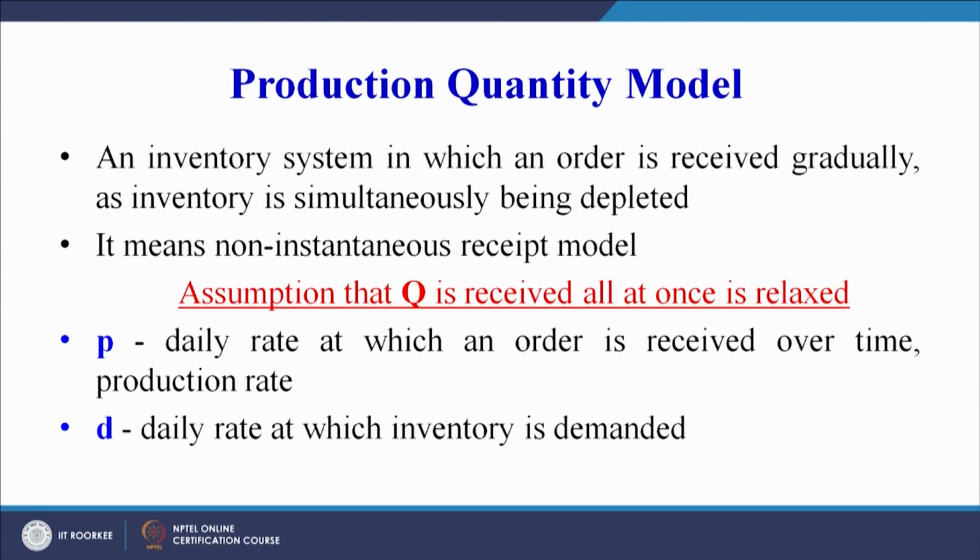That means the assumption that Q, our order quantity, is received all at once is relaxed in the production quantity model. Here we use two terms. P is the daily rate at which an order is received over time. As in my example, 700 parts ordered, 100 parts received per day, so in 7 days we receive our 700 parts.